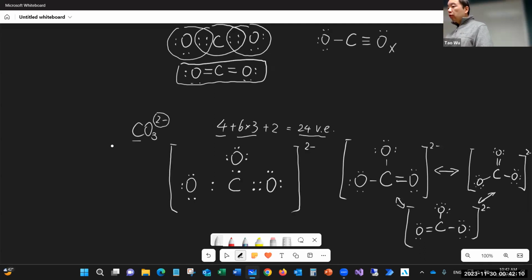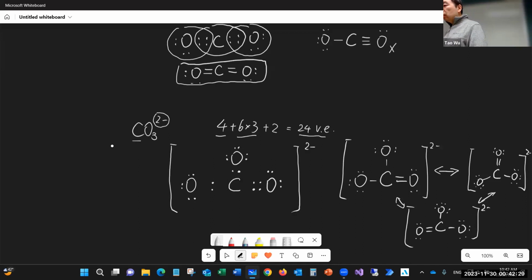The 3 atoms share 4 bonds, so each atom shares 4/3 bonds. In the Lewis structure we cannot write that, so we write the resonance structure.